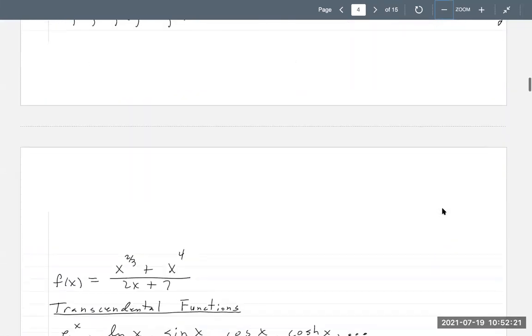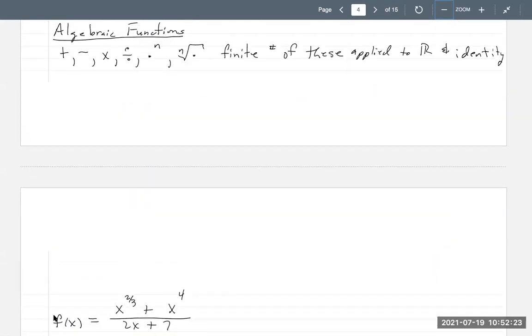So f of x equals x to the 2/3 plus x to the 4th over 2x plus 7 is an example of an algebraic function. At the beginning of this course, we'll be studying algebraic functions.